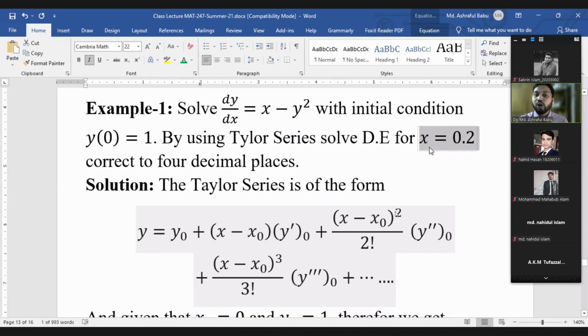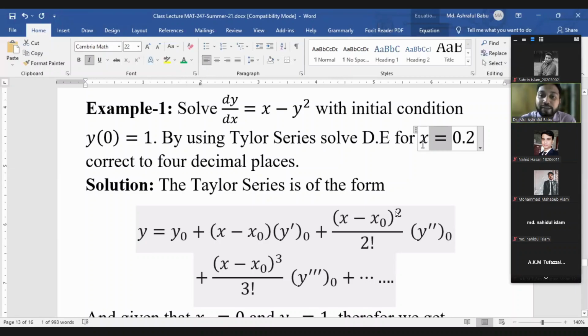That means we have to solve the differential equation numerically for a value of x, for a specific domain. This x basically is the x1.